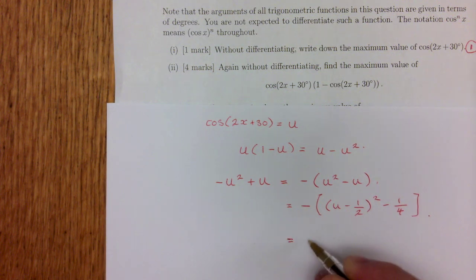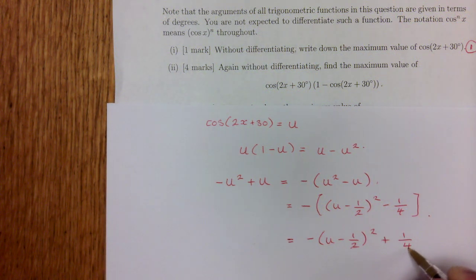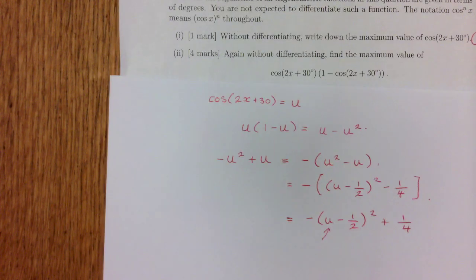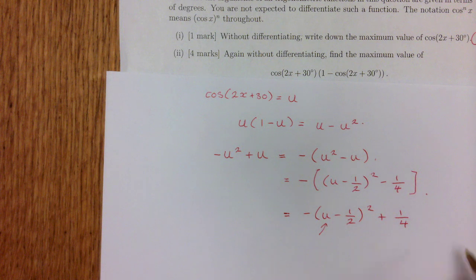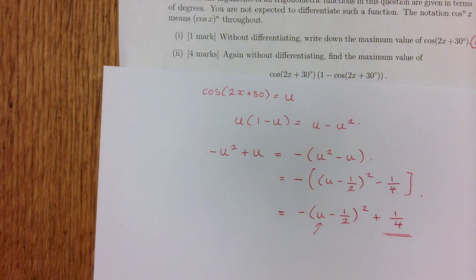So our answer is negative u take away a half, all squared, plus a quarter. U, remember, is just this, so this bracket could equal 0, so the maximum value is a quarter. Okay, so that's that part.